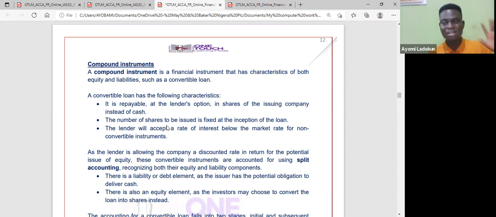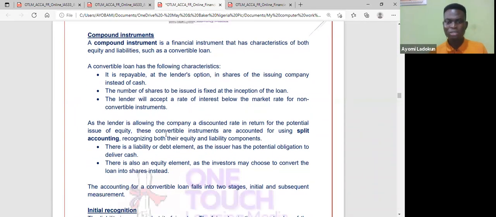It has the feature of equity and liability. If I have a convertible loan, there's a liability or debt element, where the issuer, the company issuing it, has a potential obligation to deliver cash. That's the debt, because a loan is debt, right?